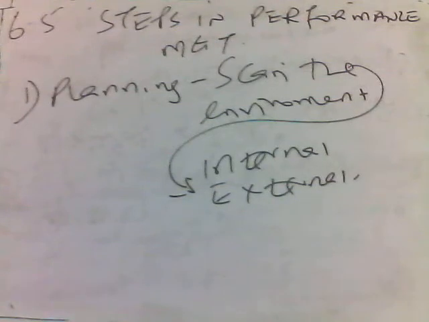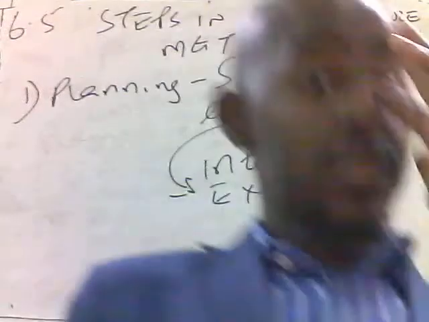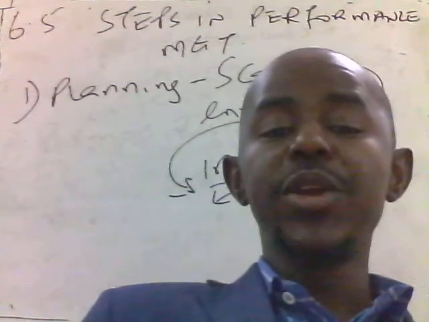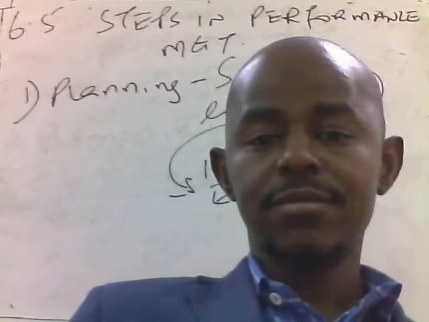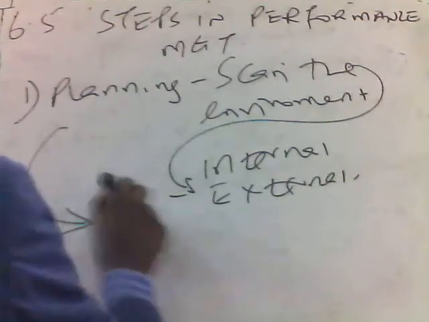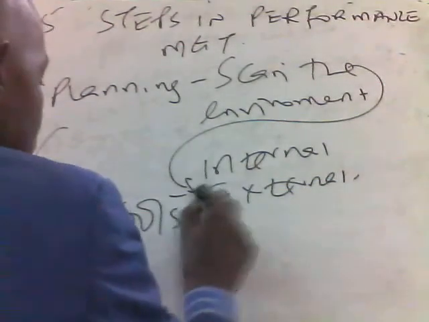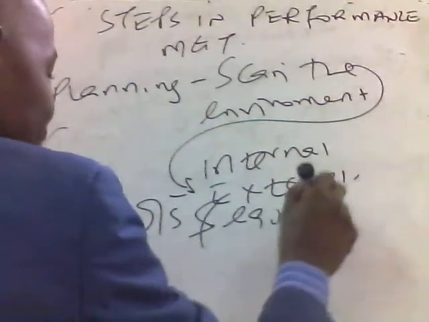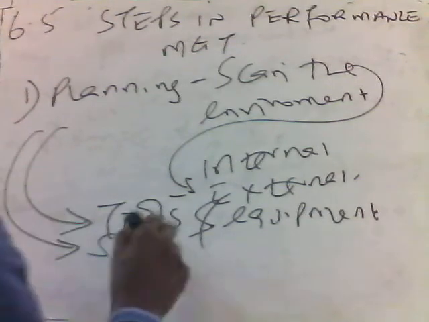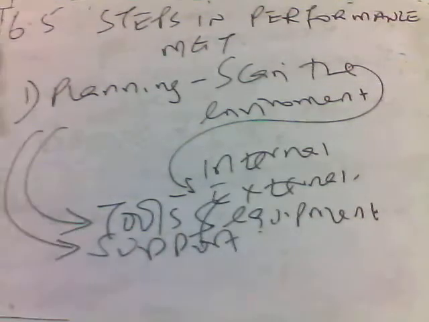So scan the environment, see what the employee can be able to achieve. What are the tools and equipment does he require? You are planning. What support does he require?